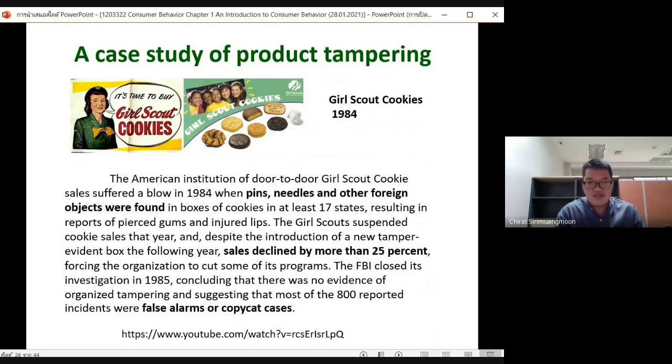So what happened? If people don't know, they just eat it. So their gums were hurt, and they needed to go to the hospital. And then the sales of Girl Scout cookies were reduced by around 25%. So what is the intention? The intention of this story is that they tried to reduce the sales of the famous product.